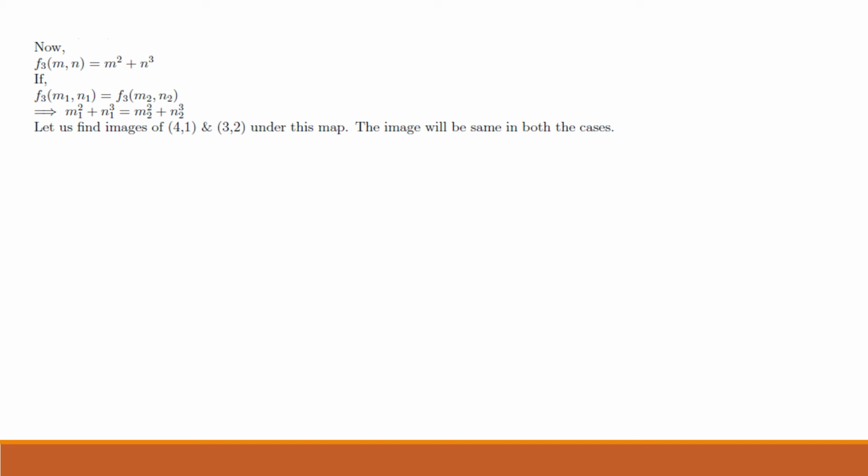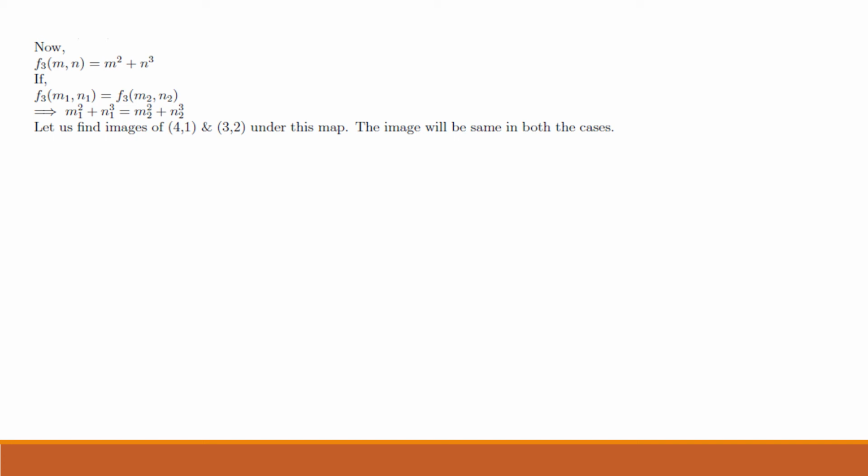Our next function, that is f3(m, n), that is m square plus n cube. So f3(m1, n1) equal to f3(m2, n2) gives m1 square plus n1 cube equal to m2 square plus n2 cube. So just consider these 2 points, one is (4, 1) and another one is (3, 2).